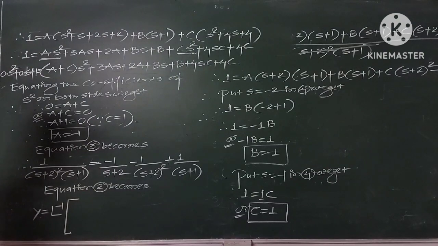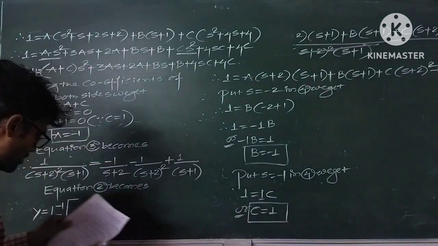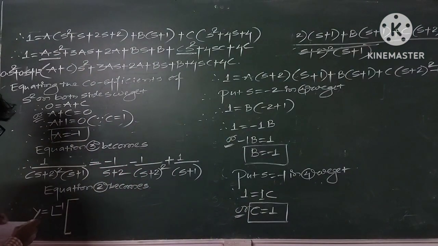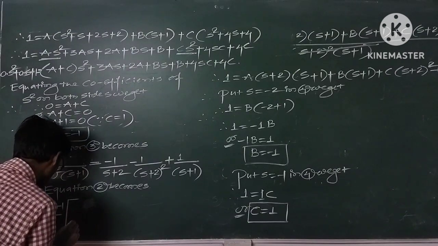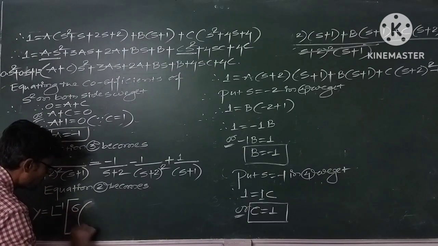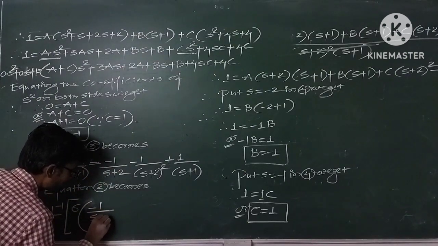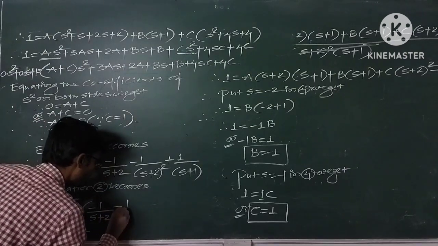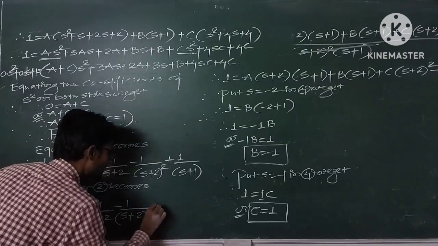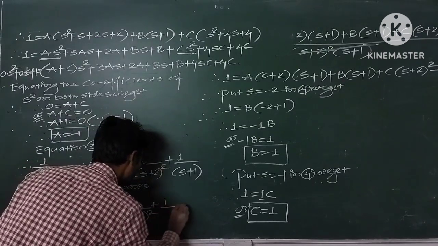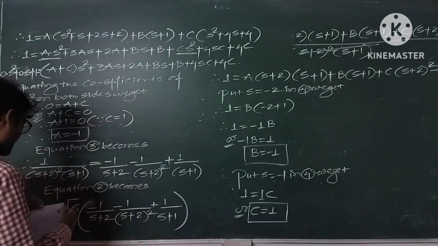We are having 6 divided by, so 6 is a constant. You will get it as minus 1 divided by (s plus 2), minus 1 divided by (s plus 2) whole square, plus 1 divided by (s plus 1). See, this is the value of what?